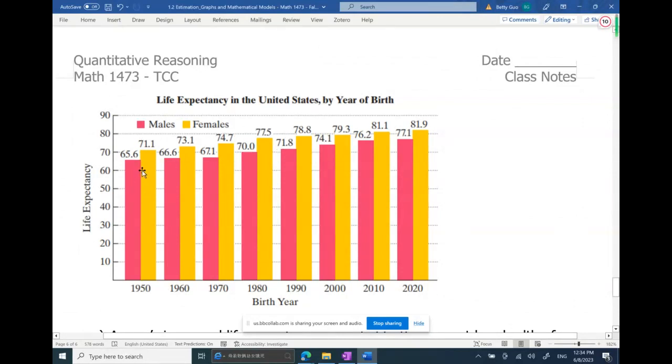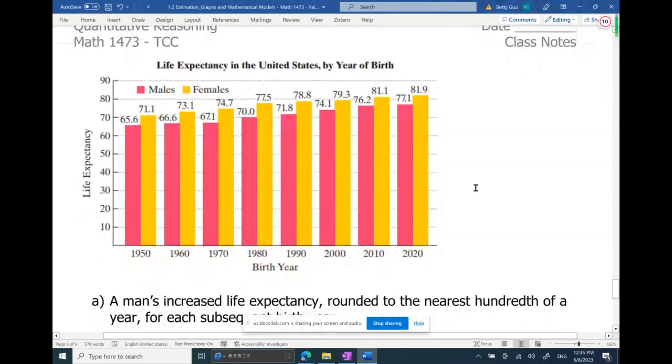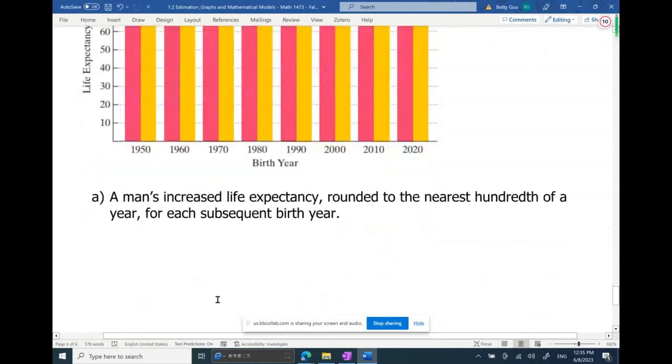So as you can see, the trend from 1950 to 2020, the life expectancy of males is getting bigger, it's going up. And females in general has a higher life expectancy, and the trend is also going up, but it's higher. Means in general, women live longer than men.